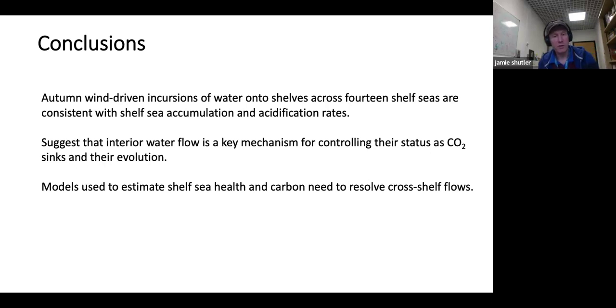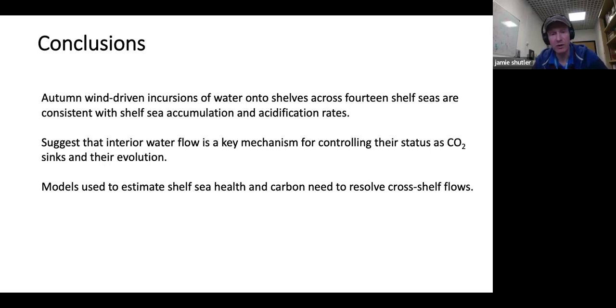And it does provide the first observational-based evidence of this water flow mechanism, where the export of water is in some way controlling the strength of these shelf carbon sinks and their evolution.